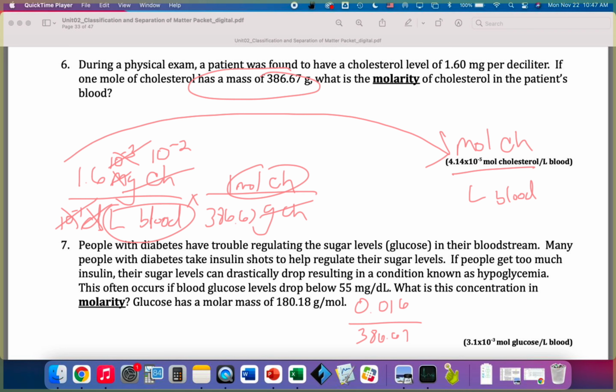This is basically 400, and this is basically 0.02. If we divide the bottom by 4, that would be 100. If we divide the top by 4, that would be 0.005, I believe.